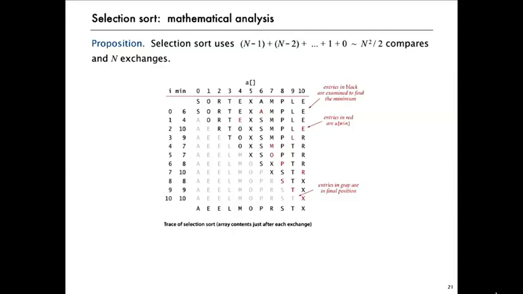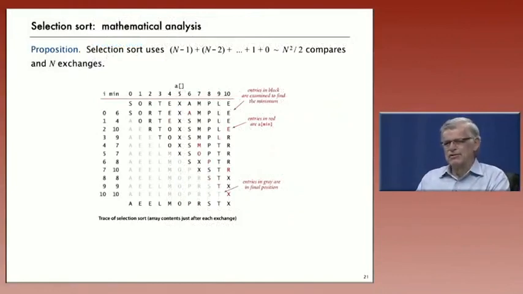Entries in gray are not touched. They're in their final position. Well, you can see that this is going to be, in general, an n by n square, and about half of the elements in the square are black, or about n squared over 2. And you can see also the exact formula, n minus 1 plus n minus 2 and so forth, is the total number of compares used. And then on each of the n values of the variable I, there's an exchange. So that's the cost in terms of the number of exchanges.